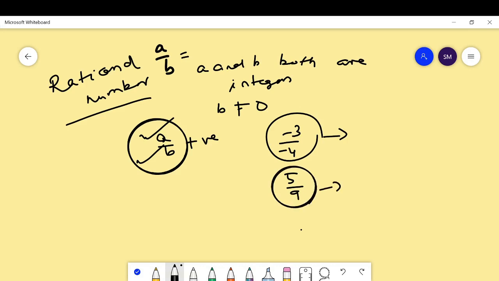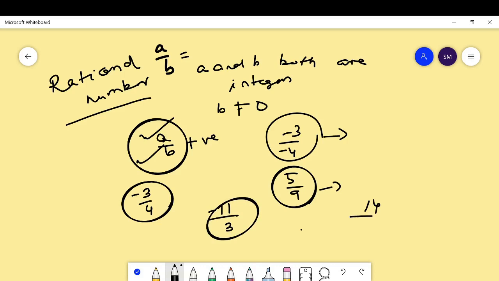But a rational number in which either the numerator or the denominator, any one, is negative is called a negative rational number. Suppose this is minus 3 by 4. This is a negative rational number, and minus 11 upon 3 is a negative rational number. 14 upon minus 3 is also a negative rational number.